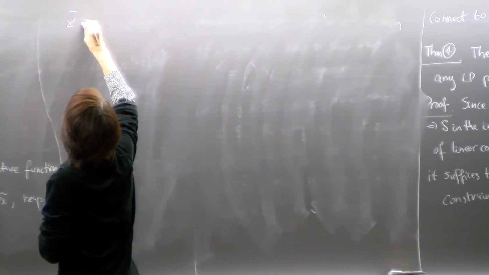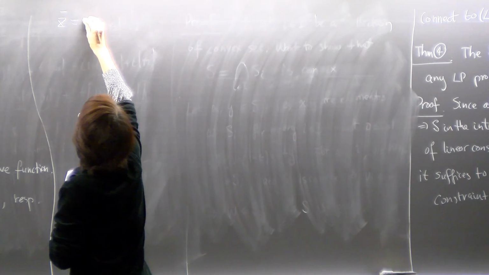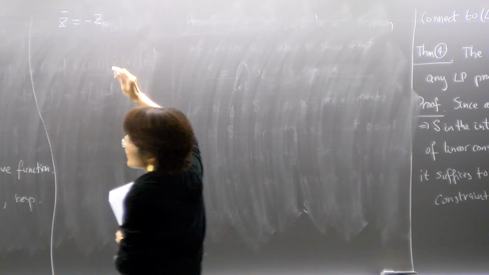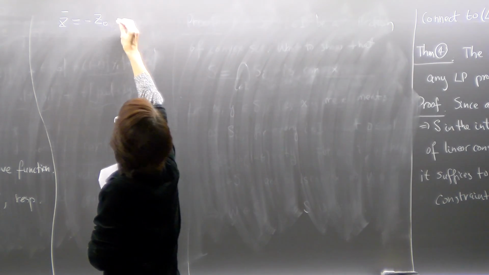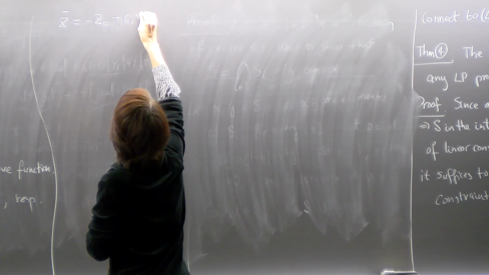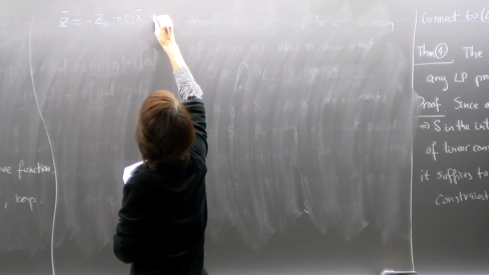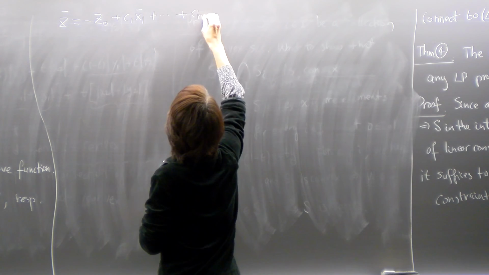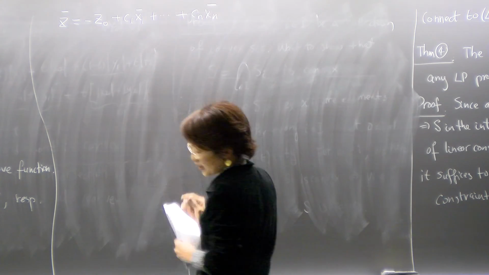So this means z bar equals the objective function evaluated at x bar. So c1 x1 bar, ... cn xn bar.